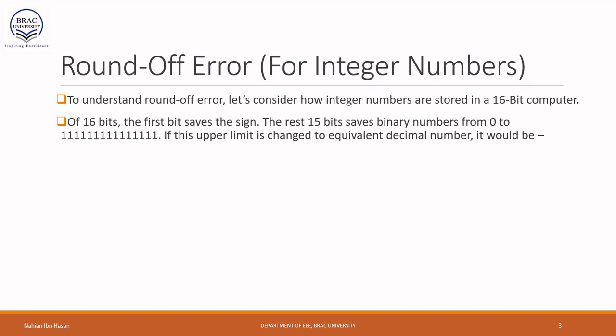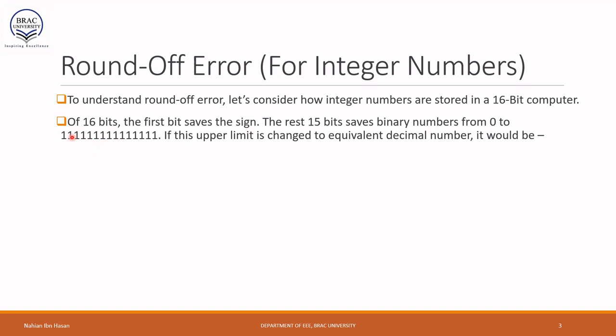For example, if you use a 16-bit computer, the first bit is used for the sign. That means whether the number is positive or negative. So the first bit is the sign bit. The remaining 15 bits store the binary numbers from 0 to 15 ones.